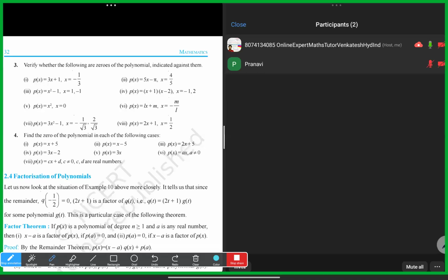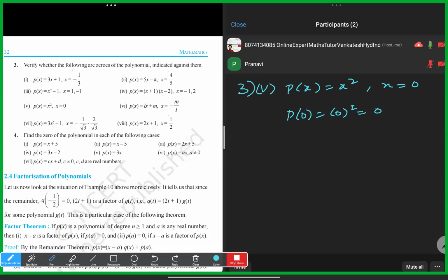So in this, p of x is equal to x square. So x is 0. Now p of 0 I am finding out.